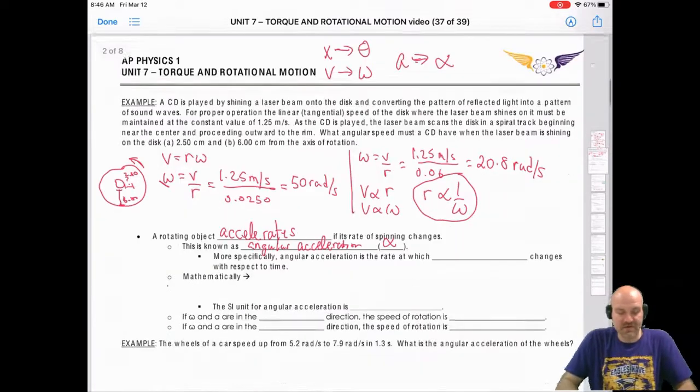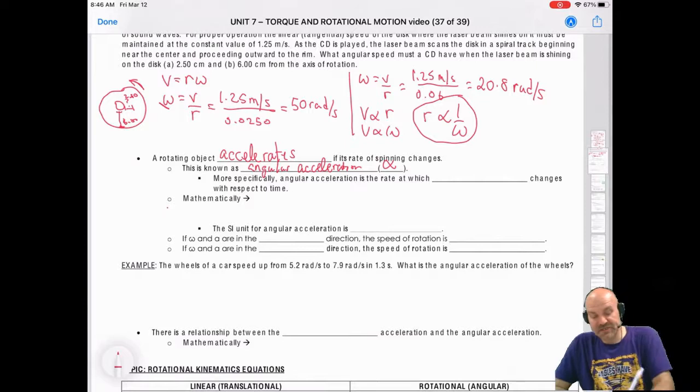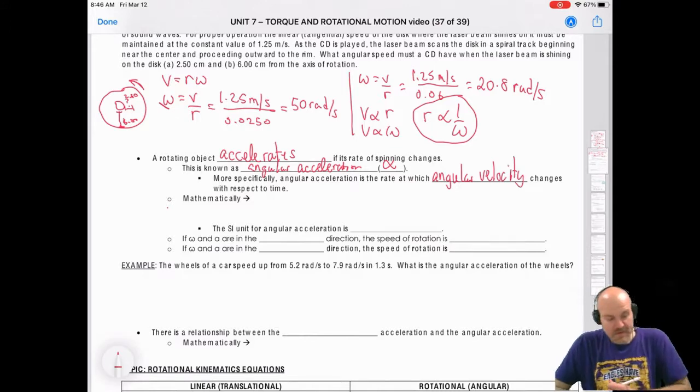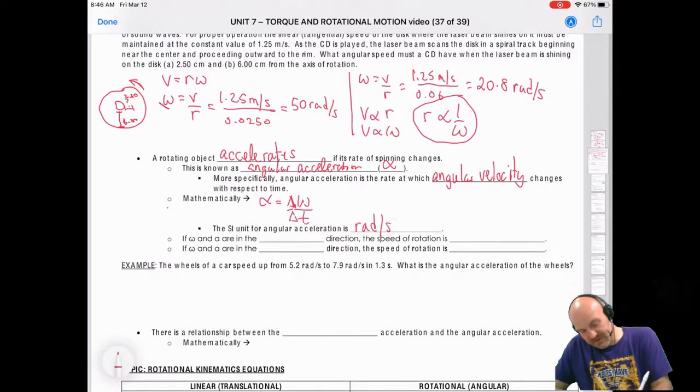They all correspond. More specifically, the angular acceleration is the rate at which angular velocity changes with respect to time. Mathematically, it's going to be change in omega over change in t, just like we've done before. This is really a definition equation, and the unit is going to be radians per second squared.